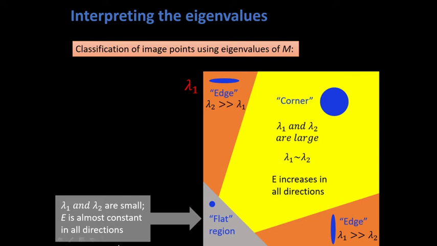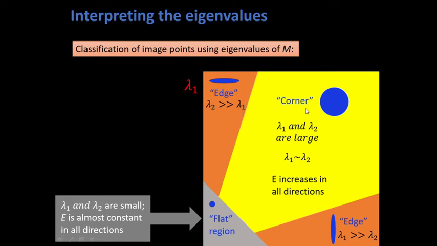And coming to the horizontal edge, lambda 1 is greater than lambda 2. Okay, so this is my vertical edge, right? So let it be a horizontal or vertical edge; for the representation I have taken it in this manner. For a vertical edge, lambda 1 is greater than lambda 2, and for my horizontal edge, lambda 2 is greater than lambda 1.